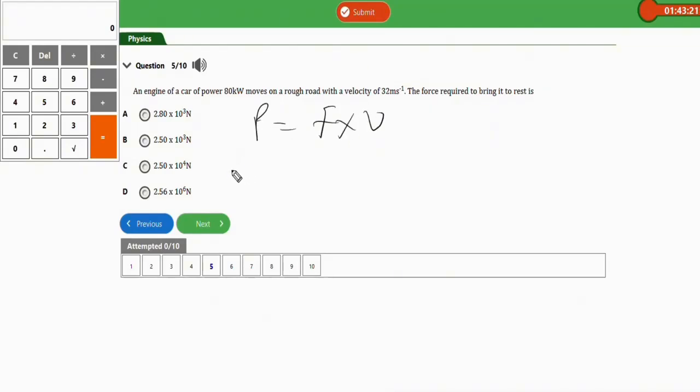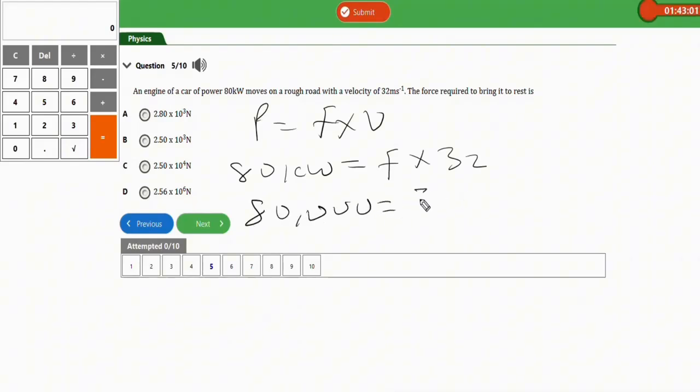So we have the power to be 80 kilowatts, equals force times velocity, which is 32. Now convert this kilowatt to watts, which is 80 times 1000, which will give you 80,000, equals force times 32. We are looking for the force, divide both sides by 32.